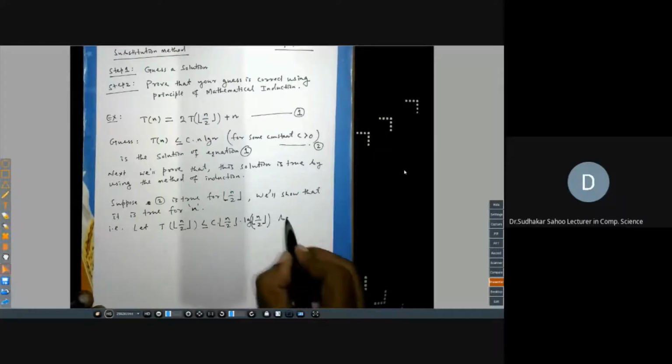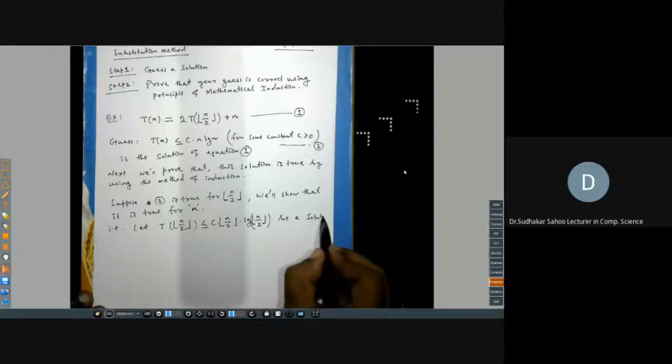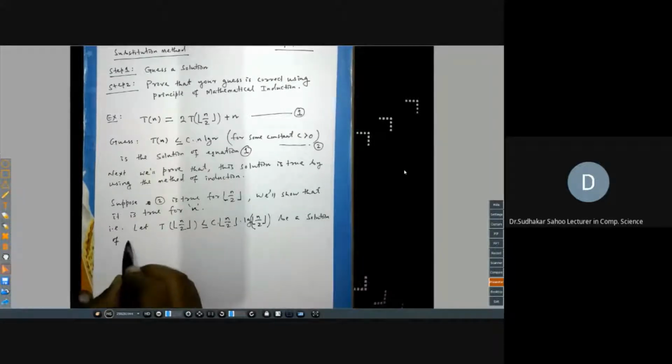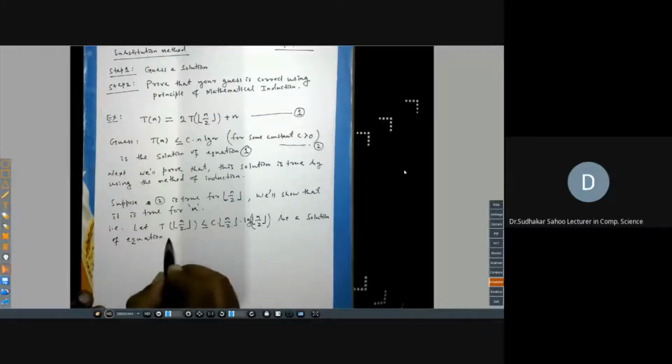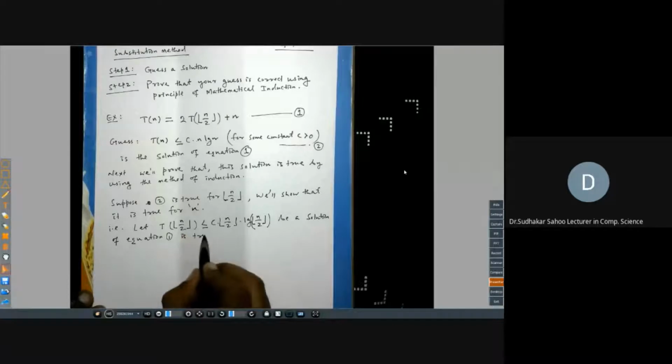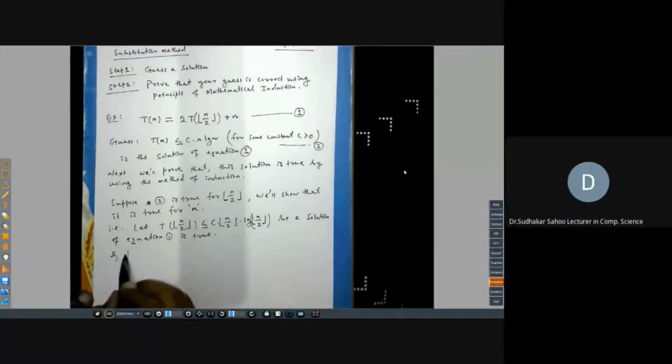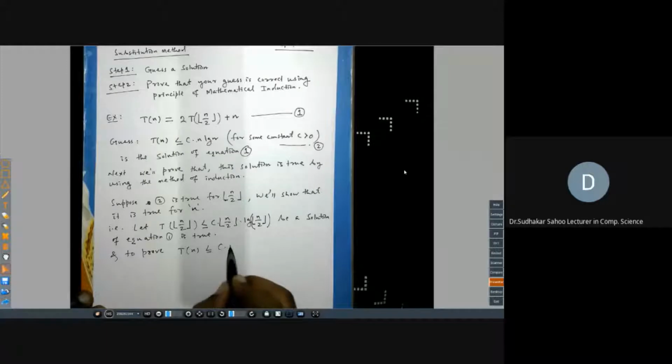Let this be a solution of recurrence equation 1 is true. And to prove T(n) less than or equal to C n log n is also a solution of 1.